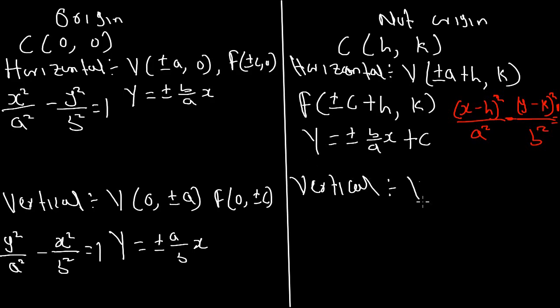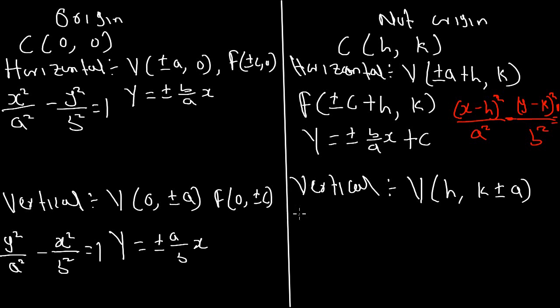So the vertices will therefore be: 0 plus h. h corresponds to the values along the x-axis. So 0 plus h is h, now k plus or minus a. That will be k plus or minus a. That is the vertices for the hyperbola that is not at the origin but vertically orientated.